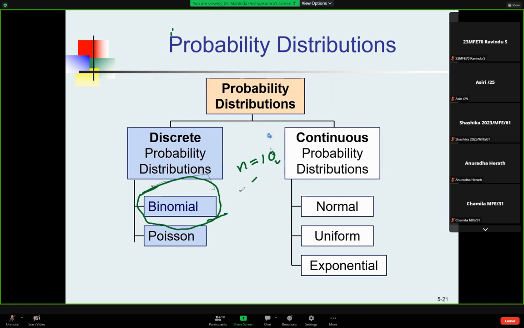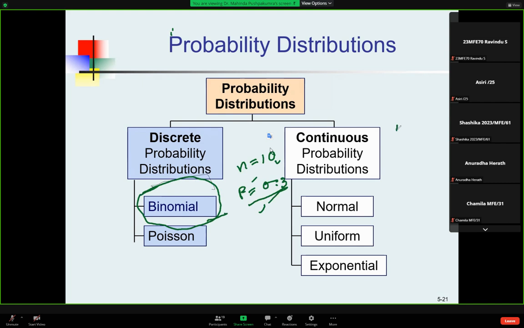Then probability of call for interview is, let's say, 0.3. That means you have applied for 10 jobs. Then we know they shortlist your application and call for the interview. Then we assume probability of calling for interview is 0.3.